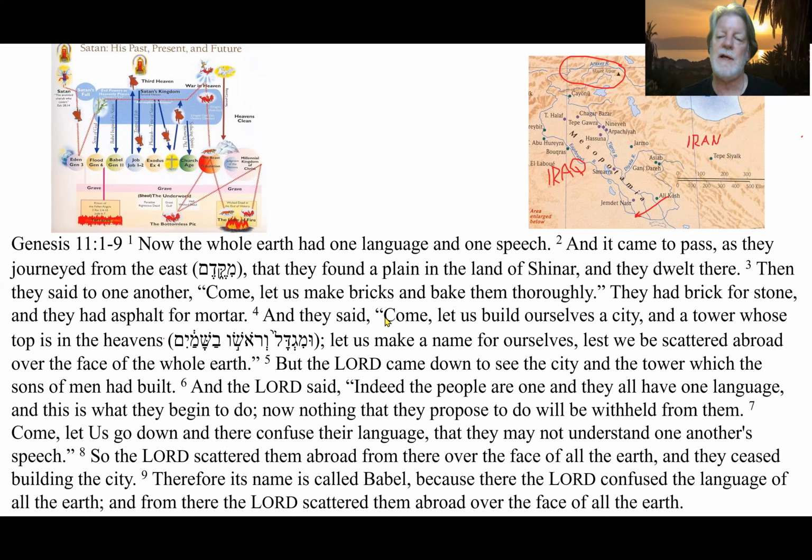And they said, come, let us build ourselves a city and a tower whose top is in the heavens. Now, one of the things that commentators usually kind of poo-poo is the idea that the Babylonians thought they could build a tower high enough to reach into the heavens.